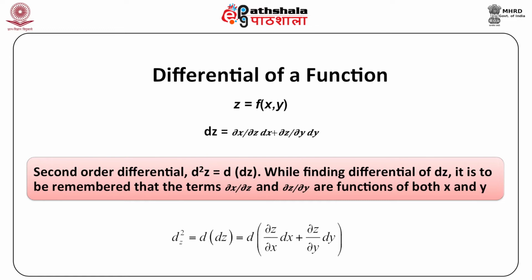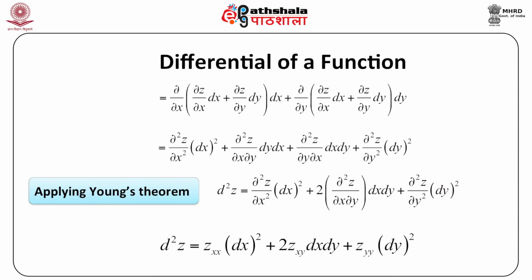Thus, d squared z is equal to d(dz), which is equal to d of the bracket del z by del x dx plus del z by del y dy, which is del x of the bracket del z by del x into dx plus del z by del y into dy, bracket close, dx, plus del y of the bracket del z by del x dx plus del z by del y dy, bracket closed, dy.